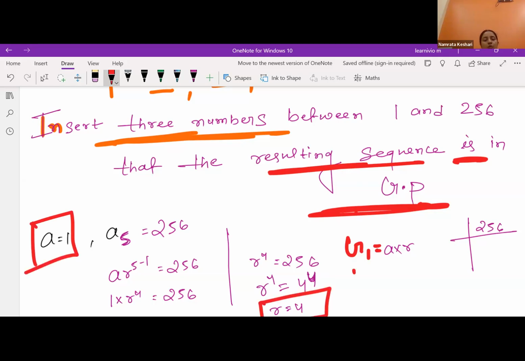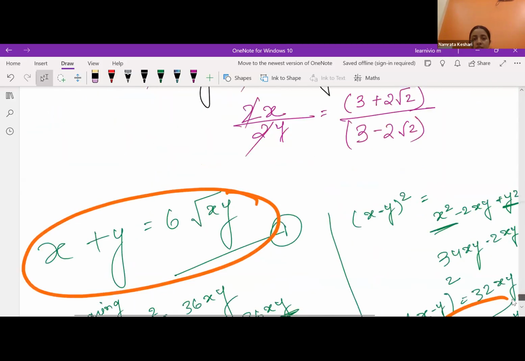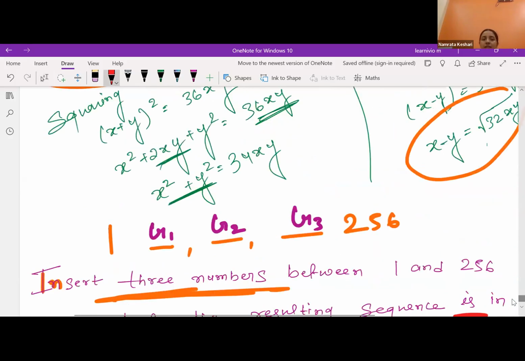What about g2? g2 is the third term. Third term formula is also a r to the power n minus 1, so this is our third term. If you want to check, please check it. g1 is your second term, g2 is your third term, g3 is your fourth term.